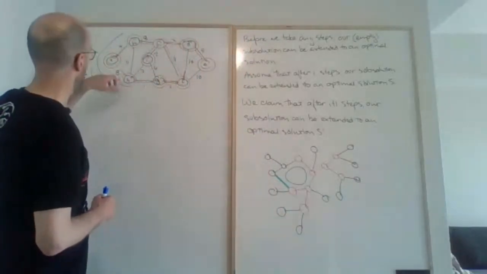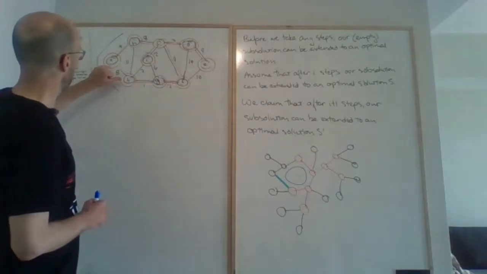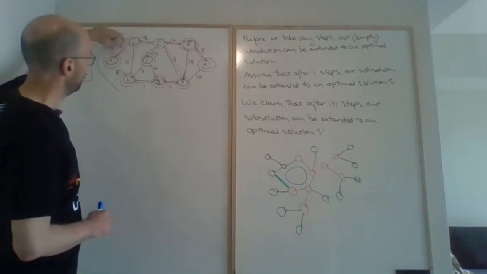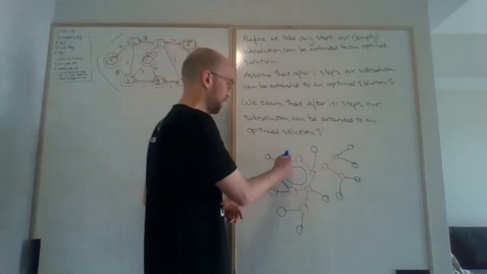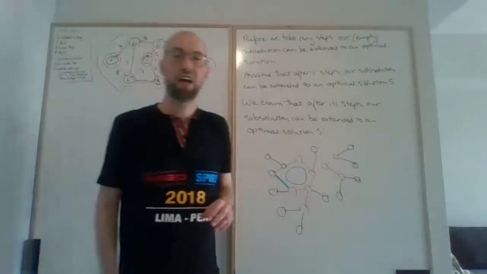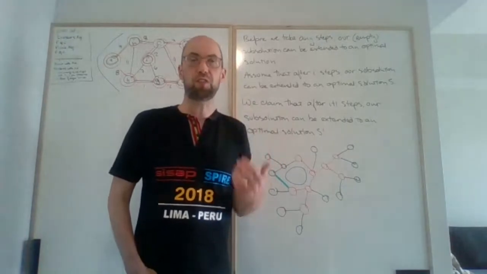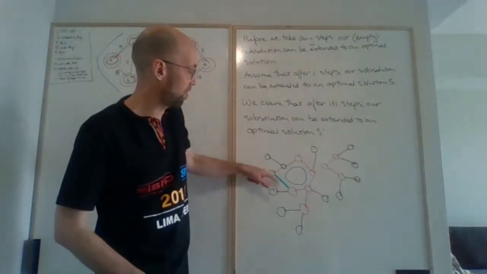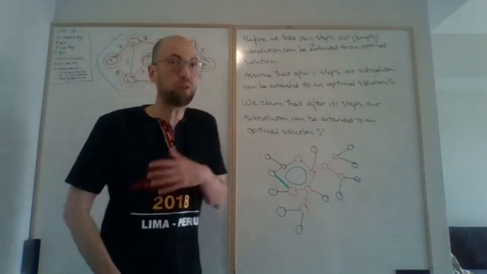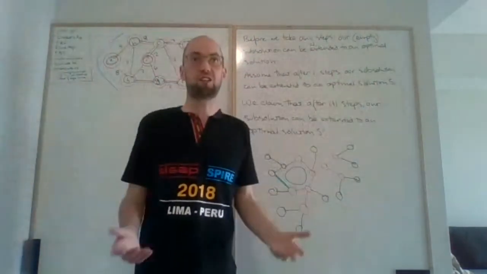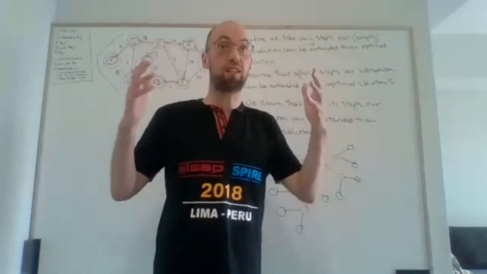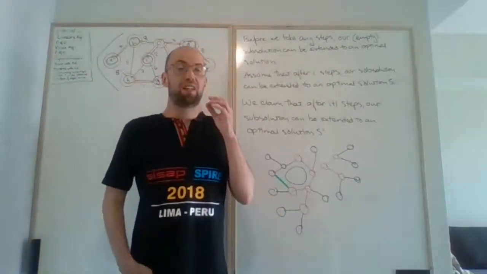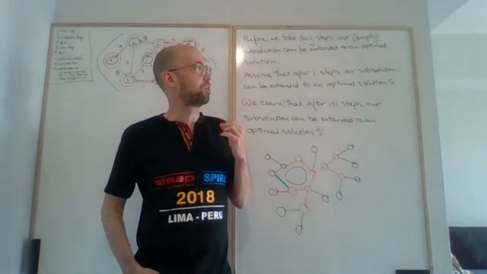For example, if S takes this edge and we take this edge, it's not true that all of the black edges on this cycle are heavier than the edge we just took, because this edge could be lighter than this one. We couldn't consider it yet because we couldn't reach it. We're only considering the edges that are incident to the tree we've built so far.